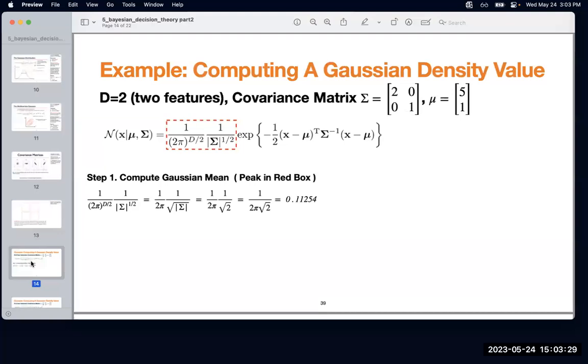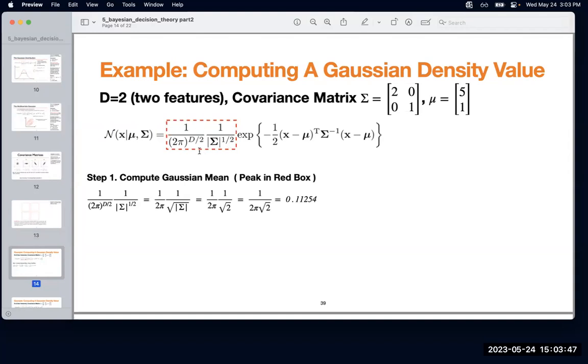Let's begin with an example where I would be giving you the covariance matrix and the mean vector. If we do that, how would we calculate our normal distribution?